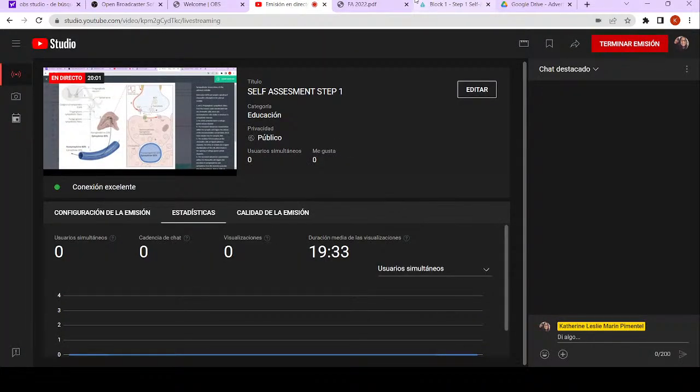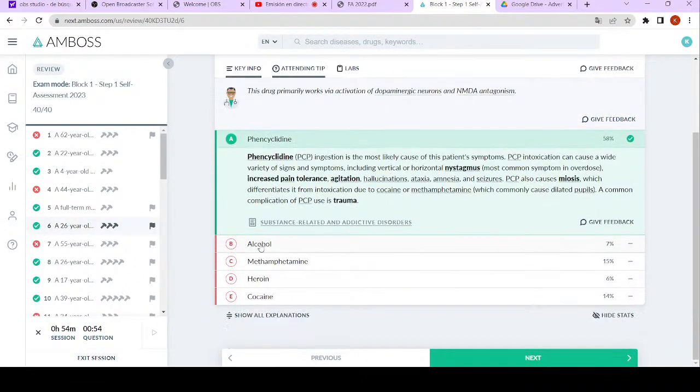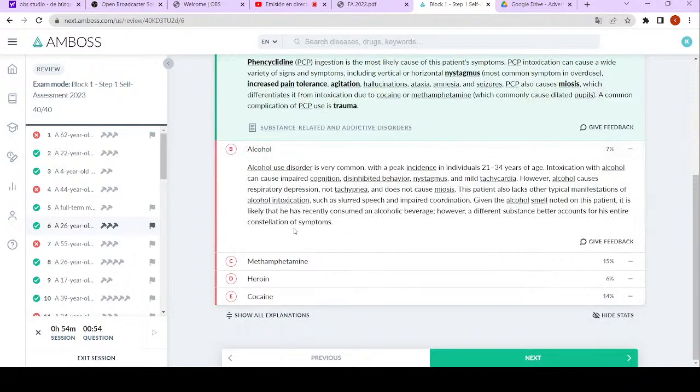Just for your knowledge, here sets 21 to 34. The behavior, nystagmus, tachycardia too.